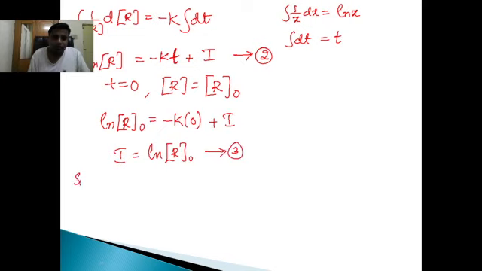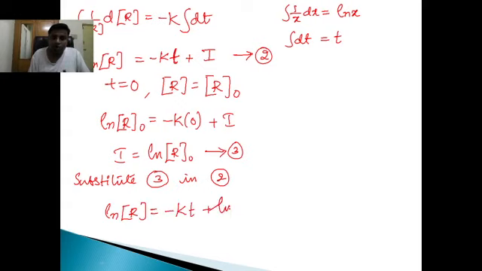Now let us substitute equation 3 in equation 2. So ln R is equal to minus kt plus ln R naught, right? Again, I'll bring the like terms together. I'll send this kt to the left hand side and ln R to the right hand side.